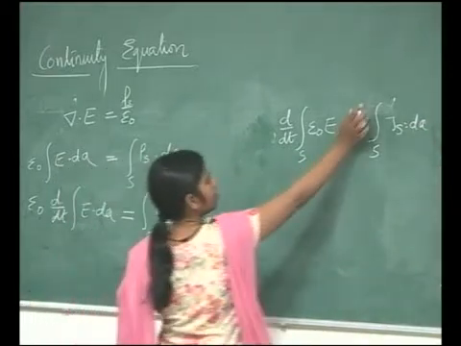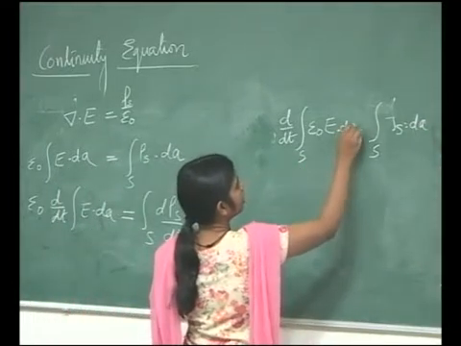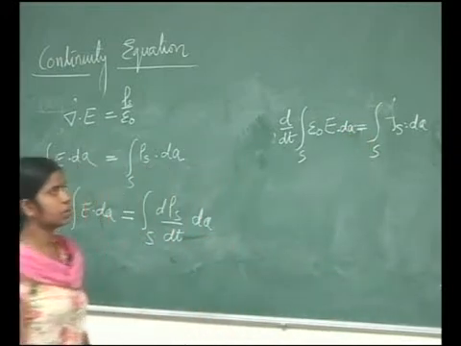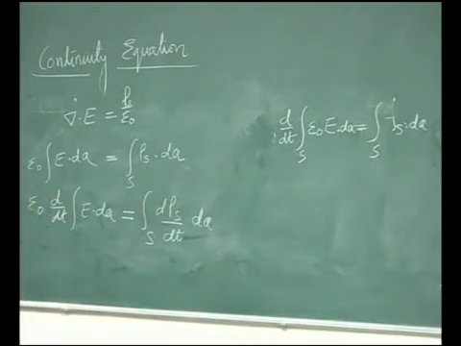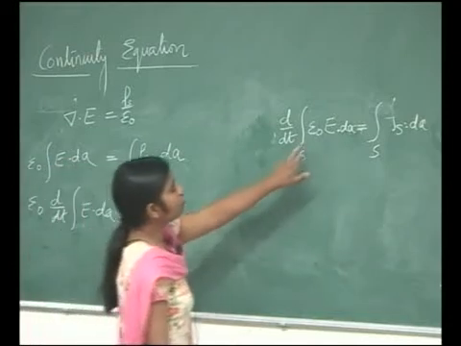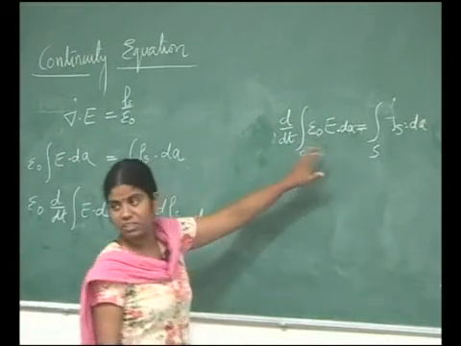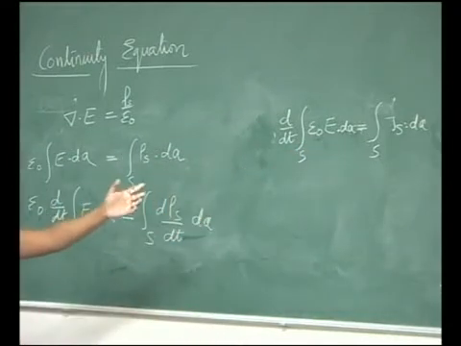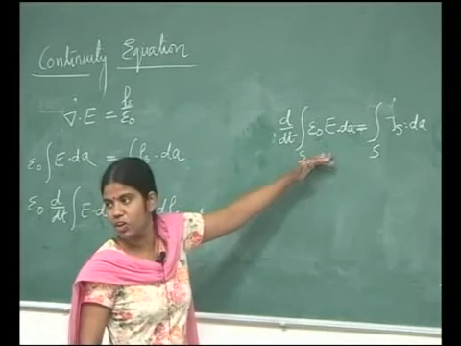Here I have dot dA. Okay. Now, I know this is the integral form of the Gauss law. This is the integral form of the Gauss law.